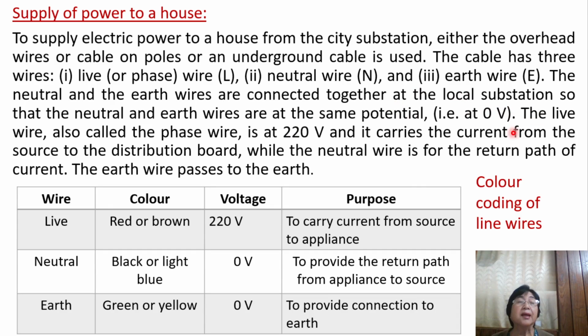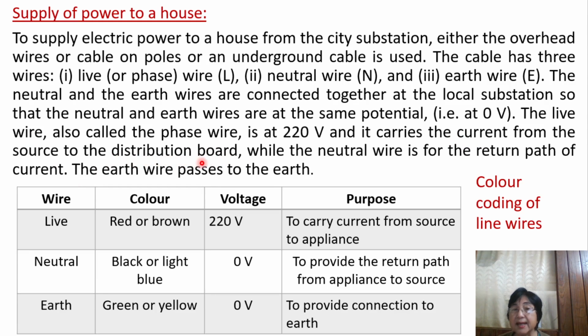The live wire, also called the phase wire, is at 220 volts, meaning this is at a high potential. It is the one that carries the current from the source to the distribution board.